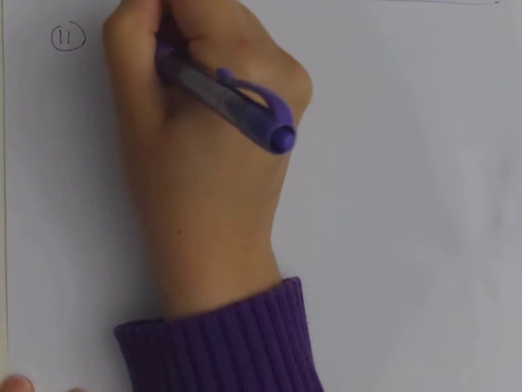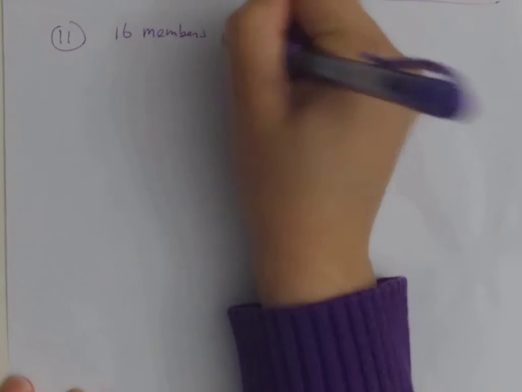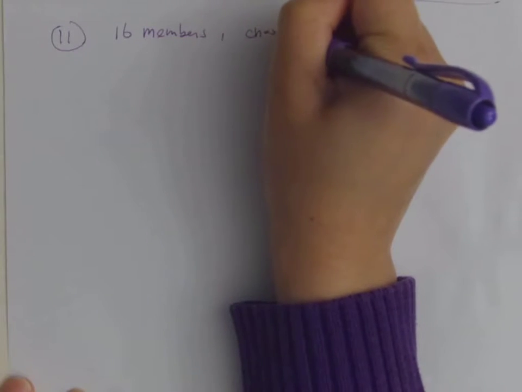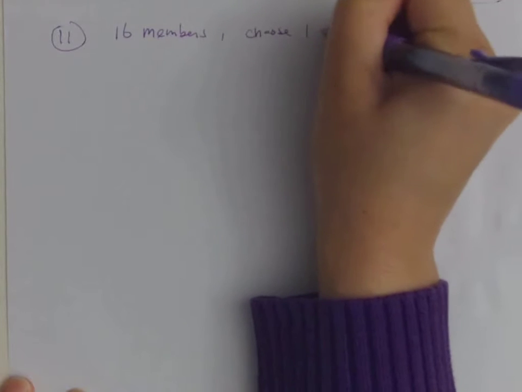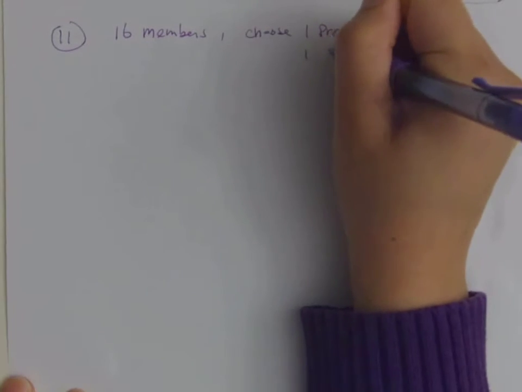We basically have 16 members, and you're going to choose a president and 1 vice president.